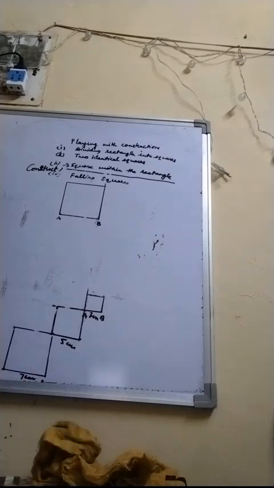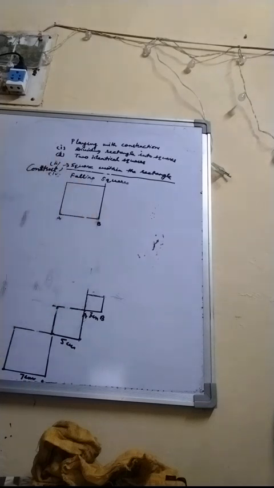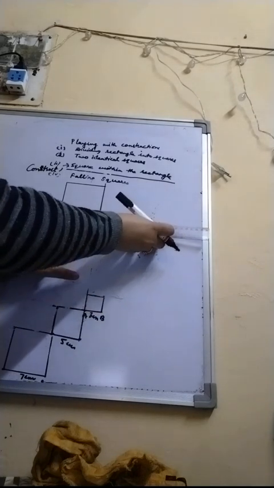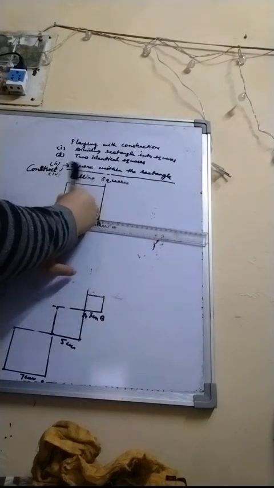Now you have to shade the square, divide the square into equal parts. Now how would you divide the square into equal parts? What we are going to do is we would mark points 1 centimeter away.